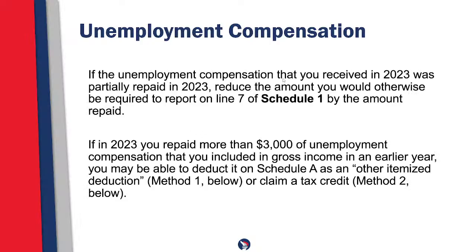If the unemployment compensation they received was partially repaid, then you make an adjustment. If you repaid more than $3,000 of unemployment compensation that you included in gross income in an earlier year, you may be able to deduct it on Schedule A as another itemized deduction below. That's not going to help you a lot. Remember, to do Schedule A, you have to beat your standard deduction.